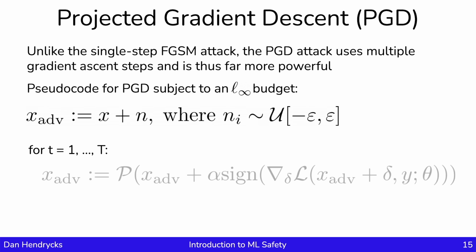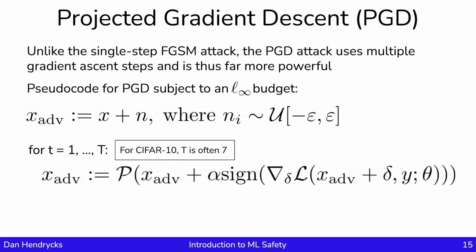Then, for multiple steps, we'll update the adversarial example with the following expression. We'll define what P is later, but we do X plus alpha times the sign of the gradient of the loss.